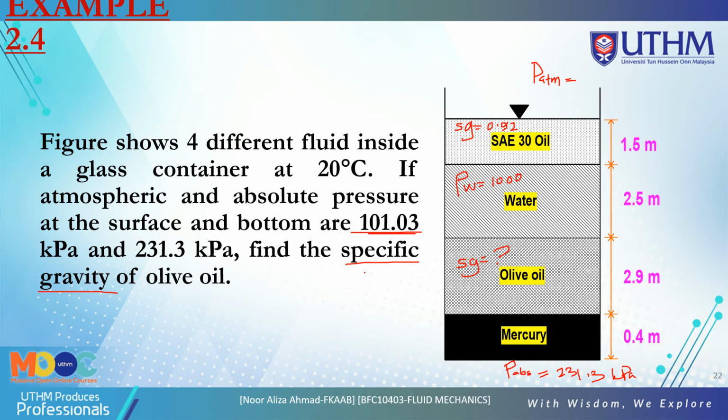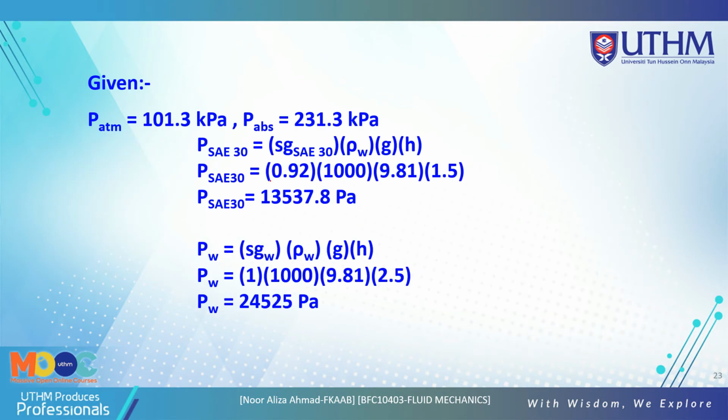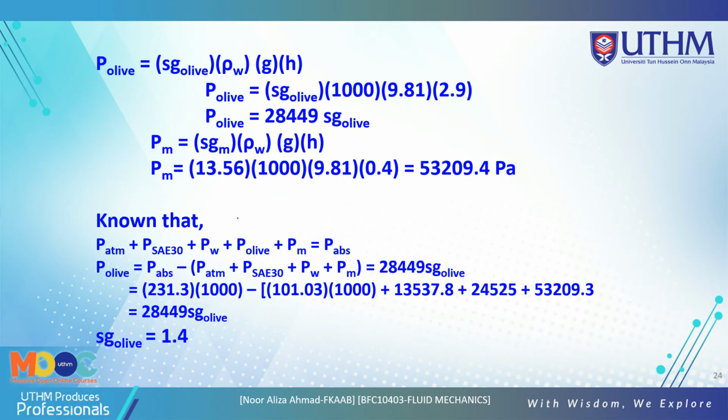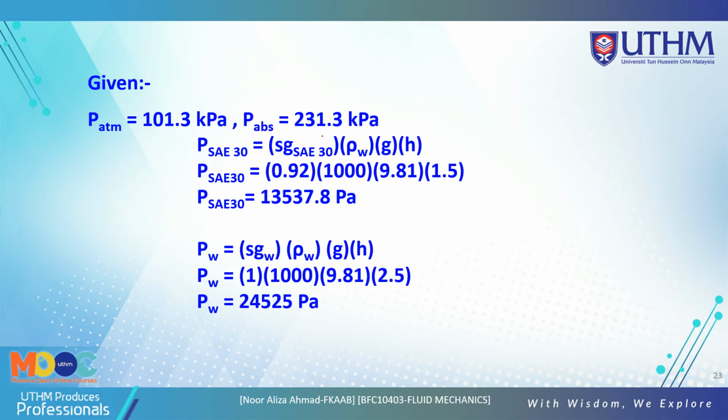The SG of mercury is 13.56, or ataupun selalunya kita guna 13.6. In this question they give you mercury as 13.56. So now, step by step.